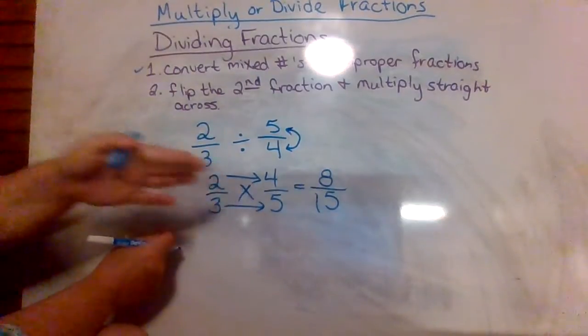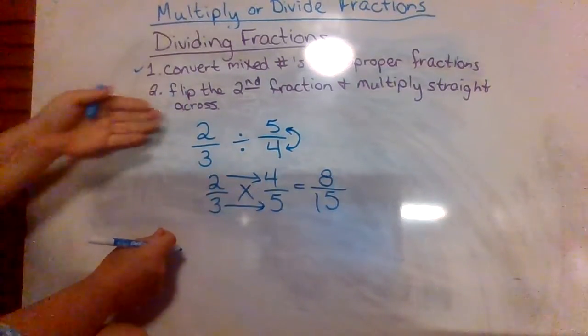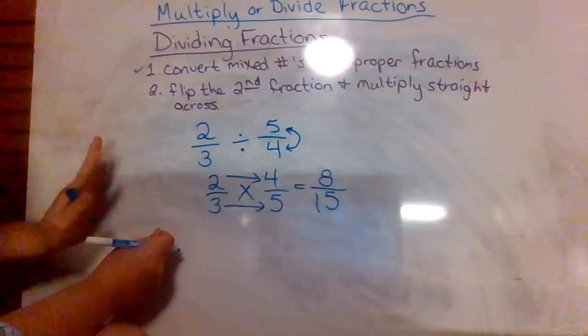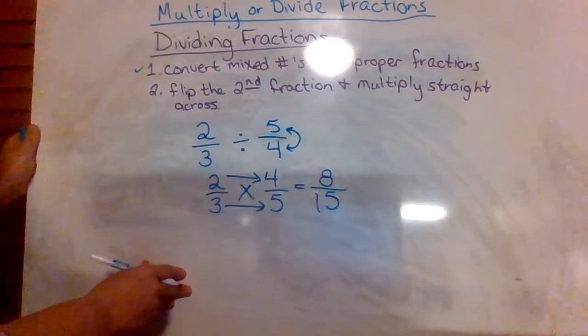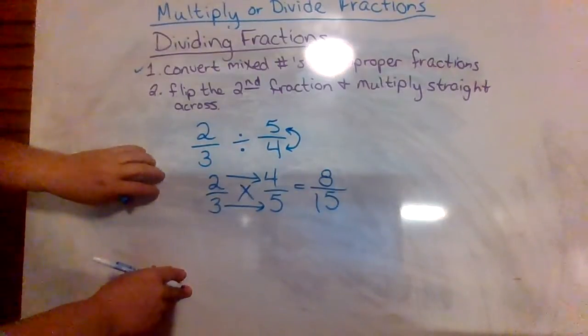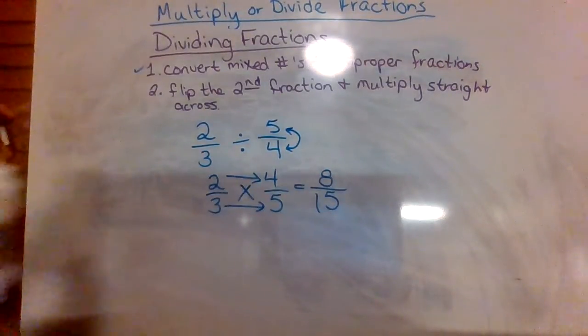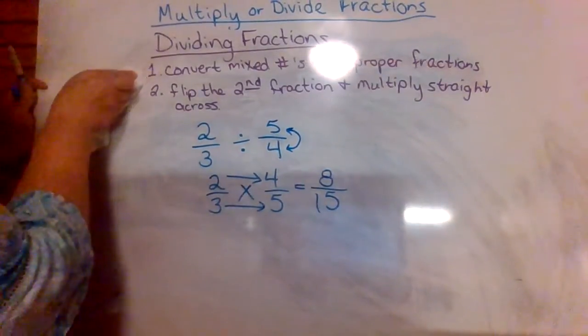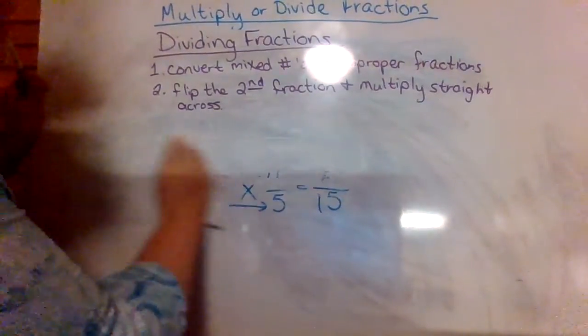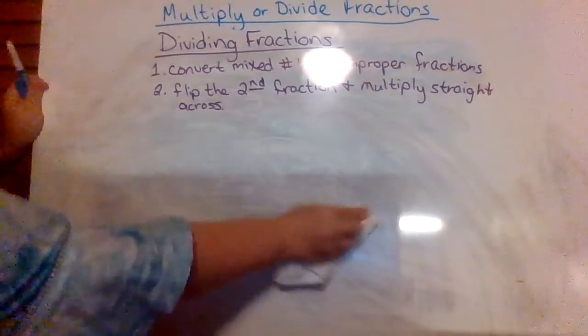So that is your answer. Okay? And you didn't have any negatives up here, so we don't have to worry about that. So 8/15 is your answer. Okay? So that's that one. I'm going to erase it so I don't have to go so far down on my board and move my camera a lot. I'm going to erase the check mark. So that's that one. Now let's look at another one.